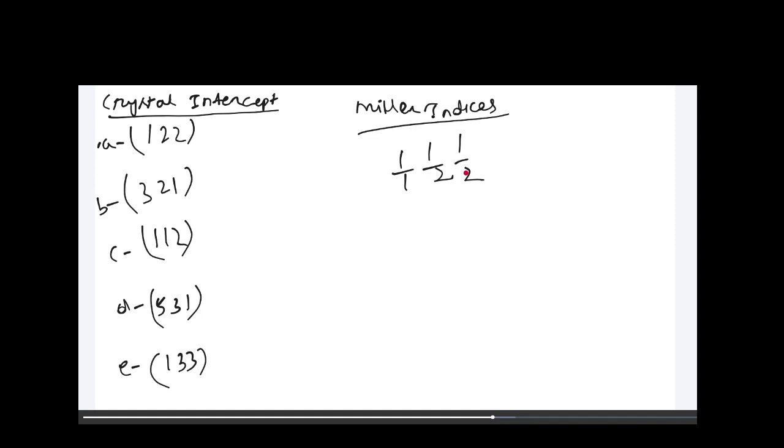Then you have to take the LCM. So for 1, 2, 2 the LCM will be 2. 2 into 1 by 1, then multiply the LCM with everything: 2 into 1 by 2, then 2 into 1 by 2. So it will be 2, 1, 1. So the Miller indices will be 2, 1, 1 for intercept 1, 2, 2.